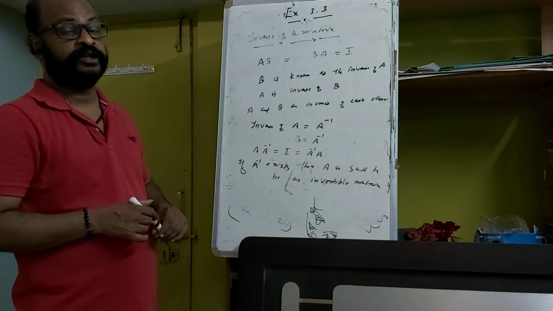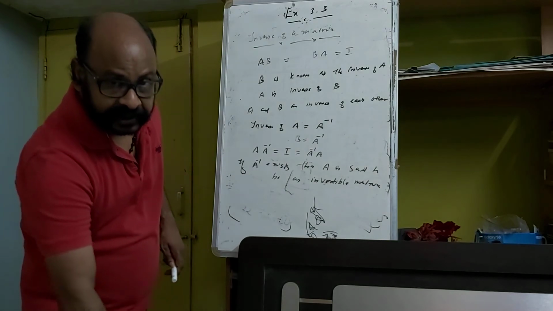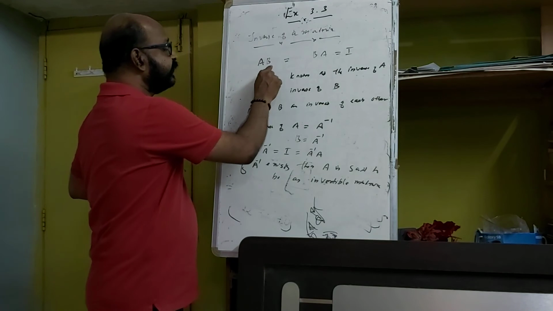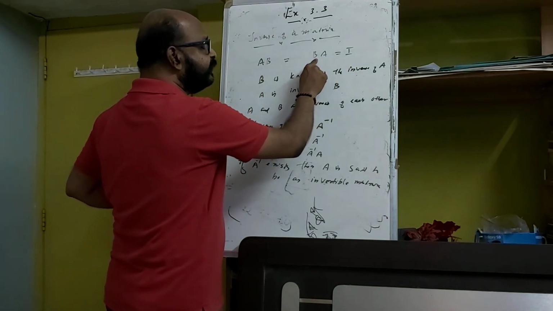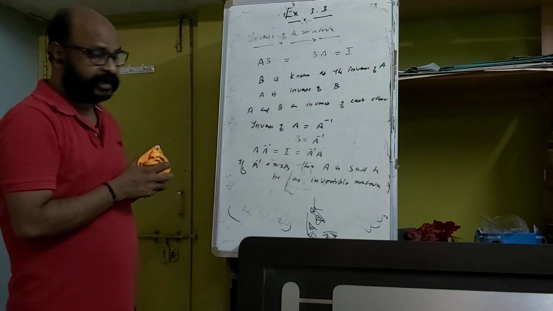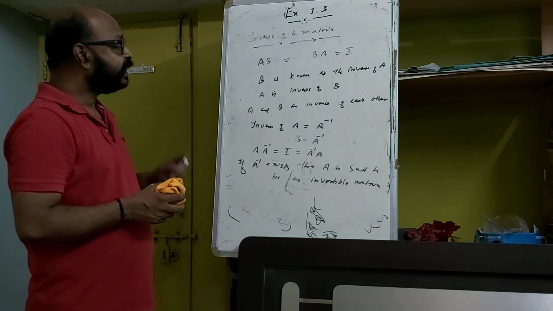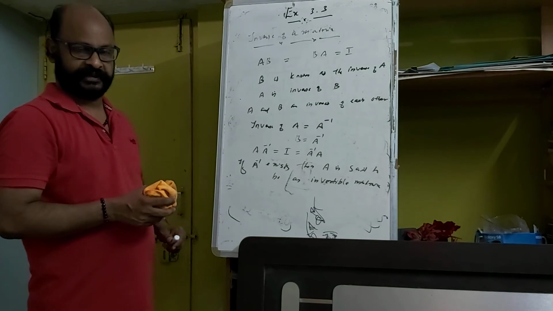For a given matrix A, if there exists another matrix B such that AB equals I equals BA, then B is known as the inverse of A and vice versa. Otherwise we can say A and B are inverses of each other.